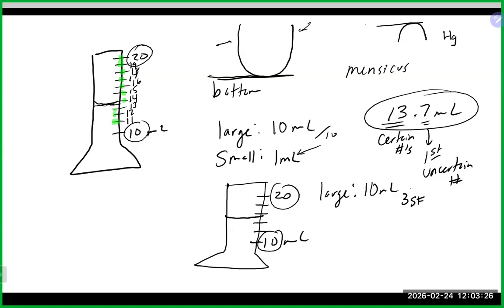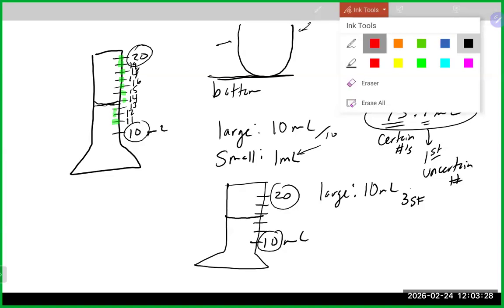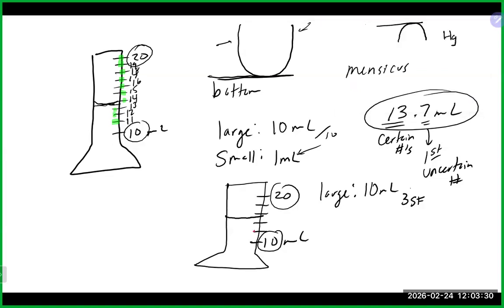But when we count up our markings between, we got 1, 2, 3, 4, and 5. And since there's only 5 markings, how much does each small marking represent in this case? 2 milliliters, right? So this would be 12, 14, 16, 18.